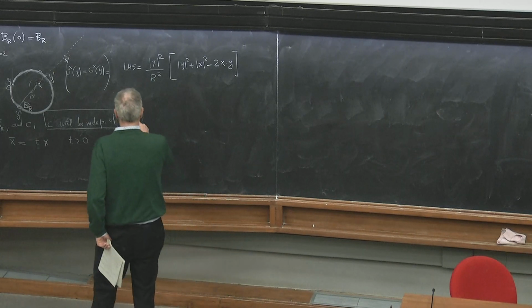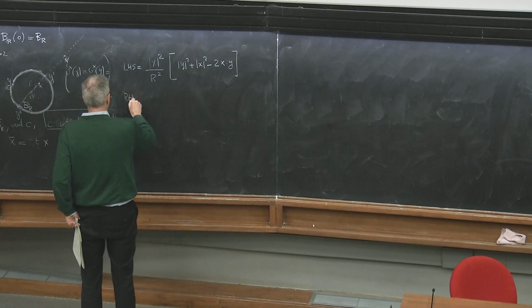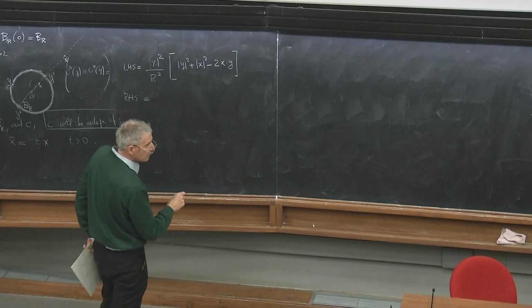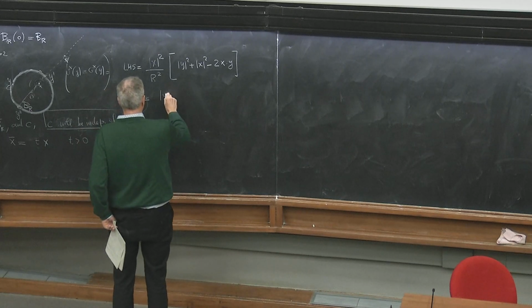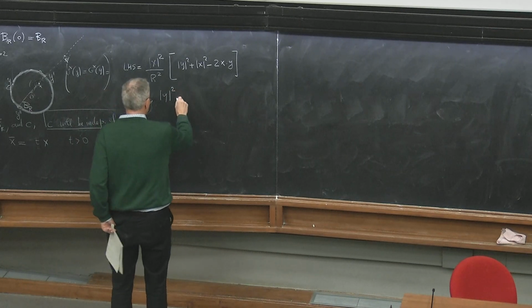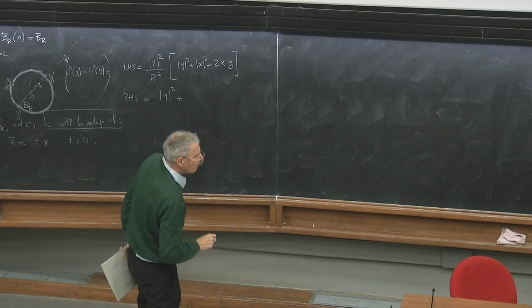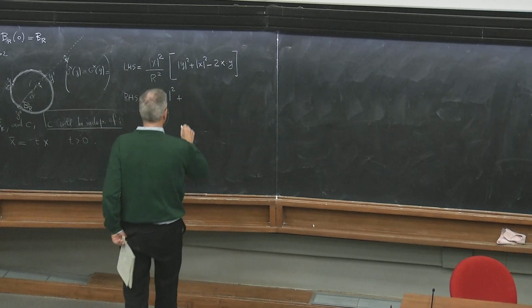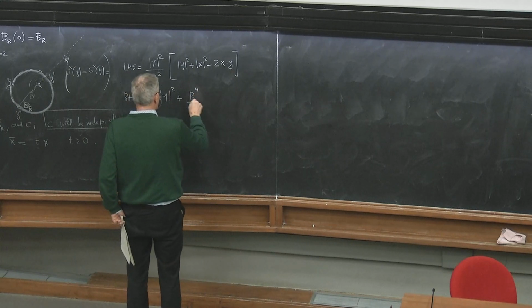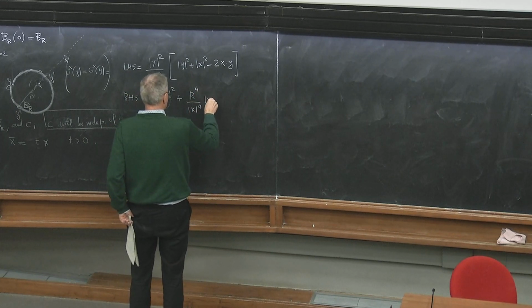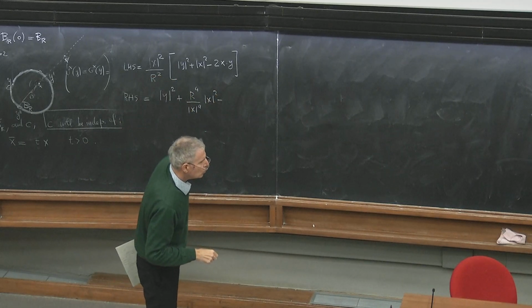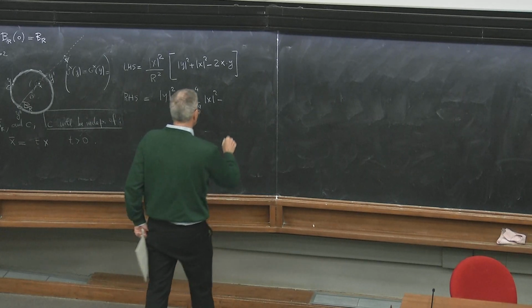The right-hand side instead is y squared plus r to the 4 over x to the 4 x squared minus 2r squared divided by x squared.